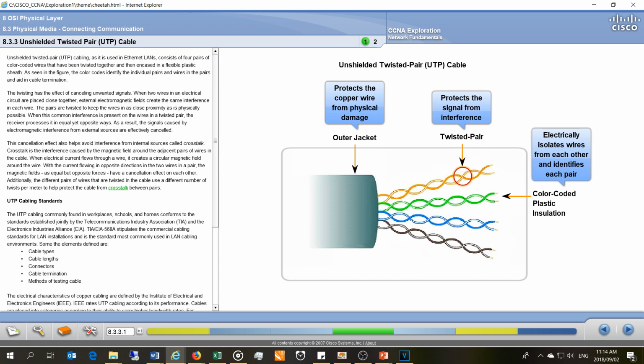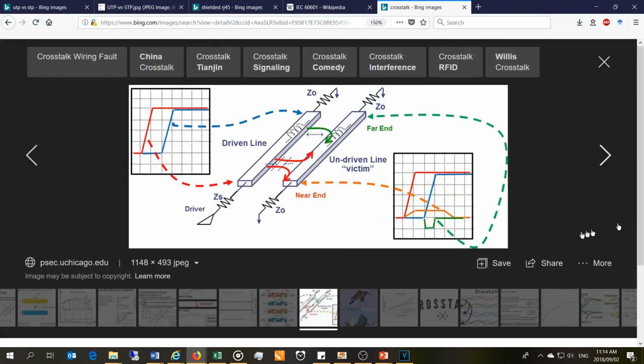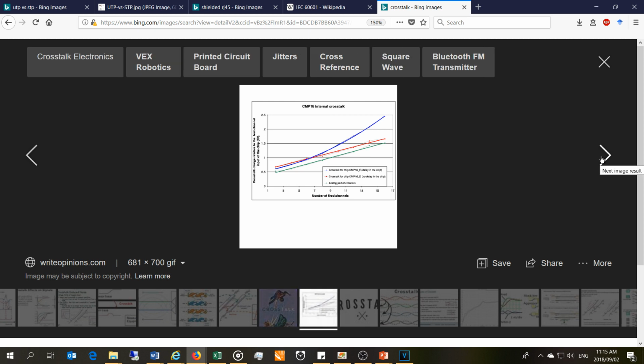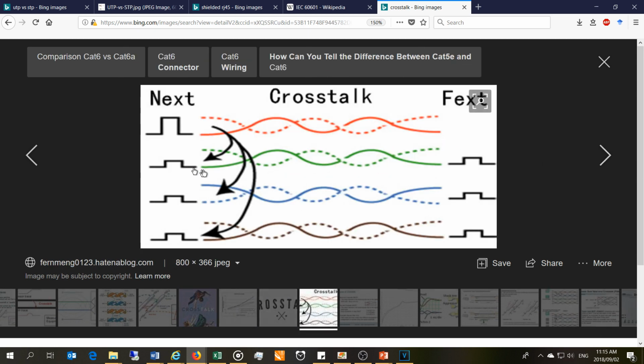So I would like to show you a diagram of an electromagnetic coupling. Can you see I have 2 conductors next to each other? And because they are current carrying conductors, which means electrons are traveling inside there, they create magnetic fields. And because they create magnetic fields, they induce currents in the other conductor. So what happens is on network cables, you might find this happening.